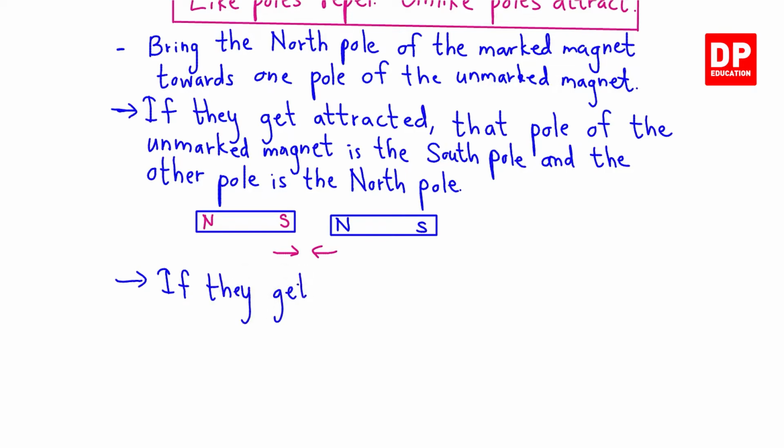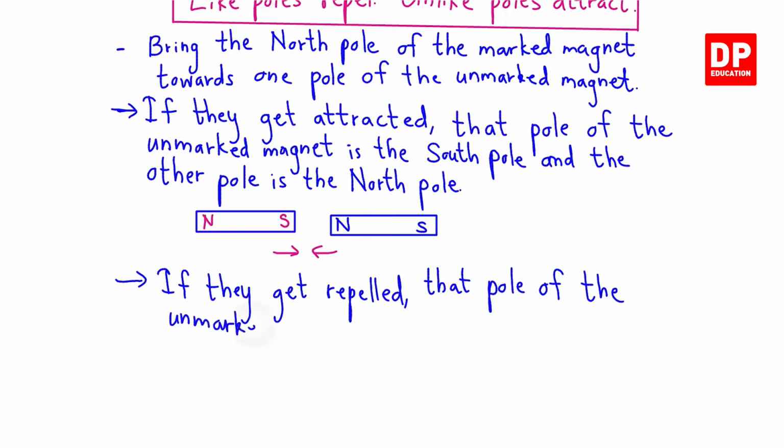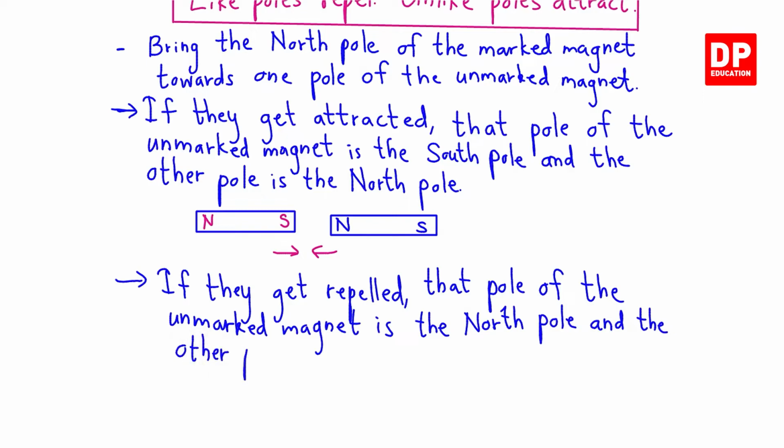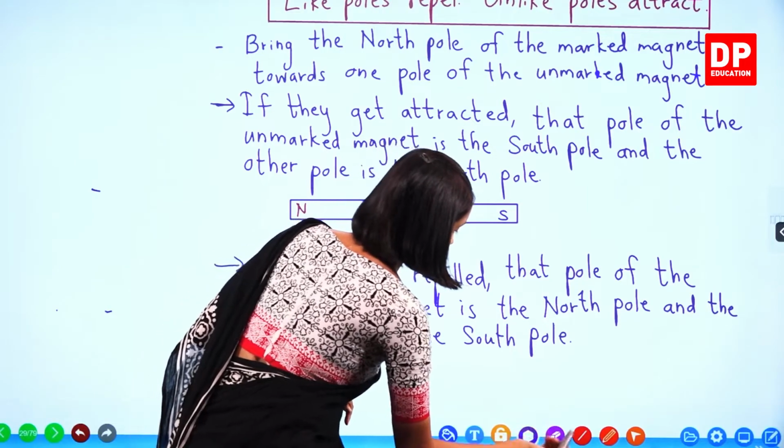If they get repelled, that pole of the unmarked magnet is the north pole because they repel, and the other pole is the south pole. I will draw a small diagram for this as well.